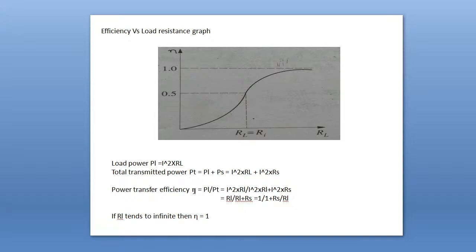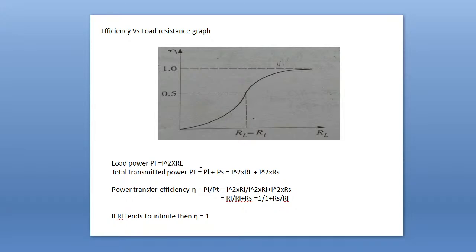You know efficiency is nothing but the ratio of load power to the total power of the circuit. Total power is the power transmitted by the source resistance plus the power absorbed or consumed by the load.